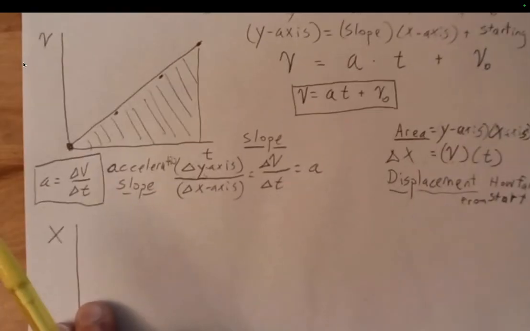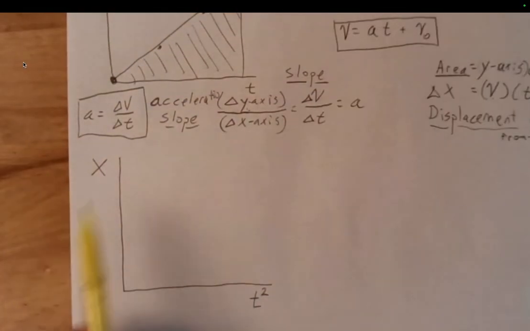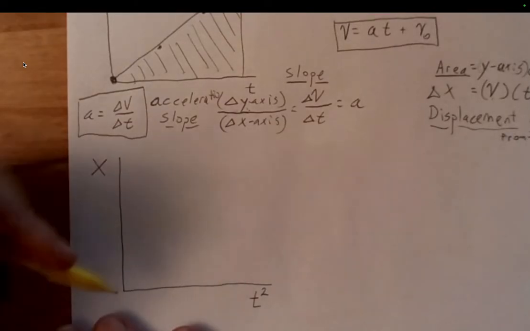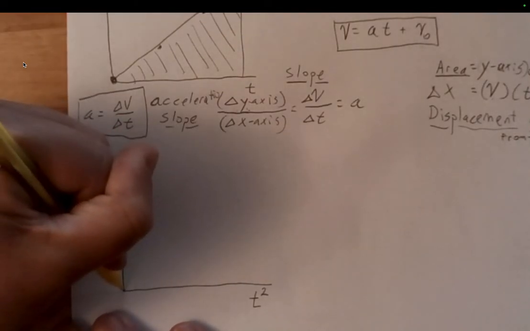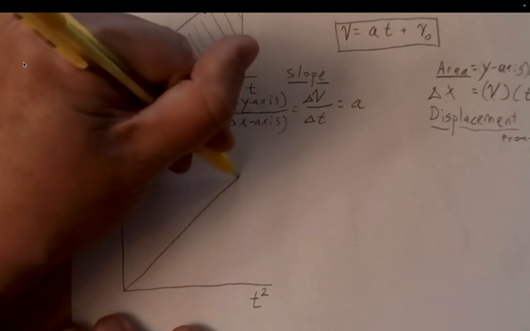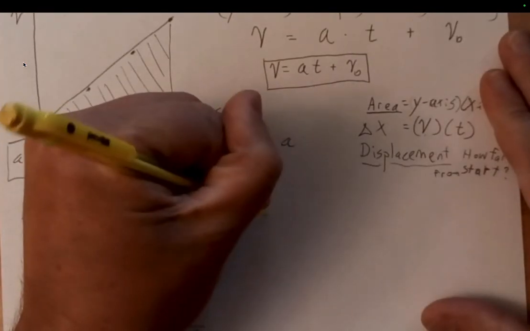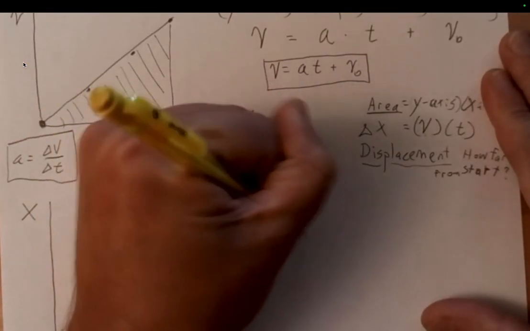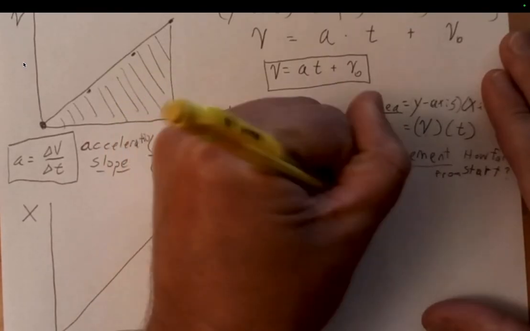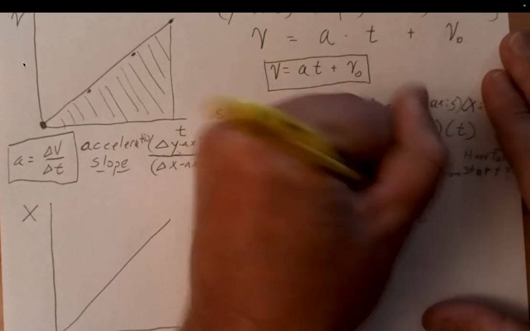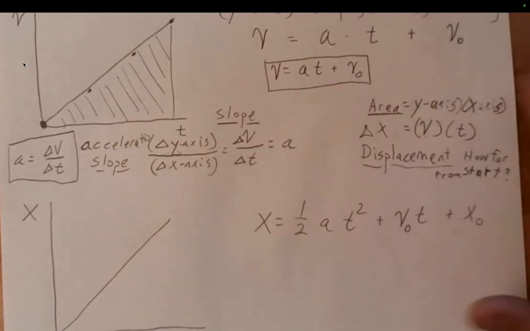So the last thing for this lab that I wanted us to get to was taking this graph, and I wanted us to plot it versus this t squared. If we plotted it versus the t squared, we should see that we get a linearized graph. It should form something of a straight line. And that's because this equation that we have, this x equals 1/2 a t squared plus v naught times t plus x naught.